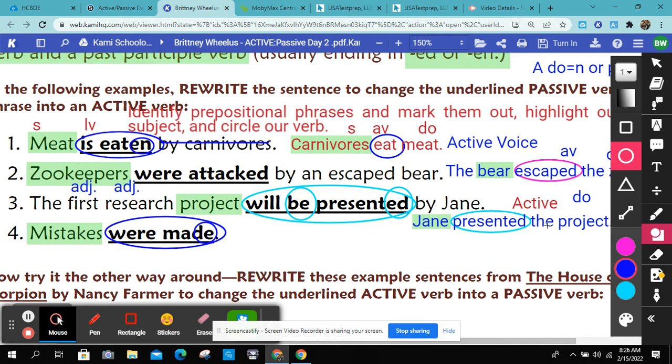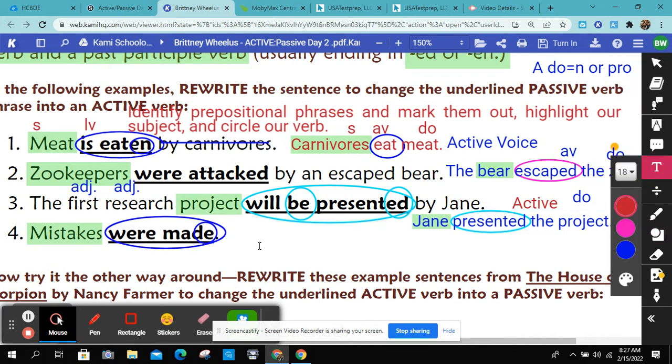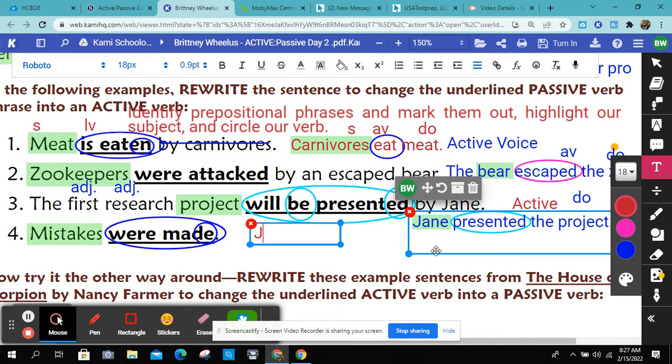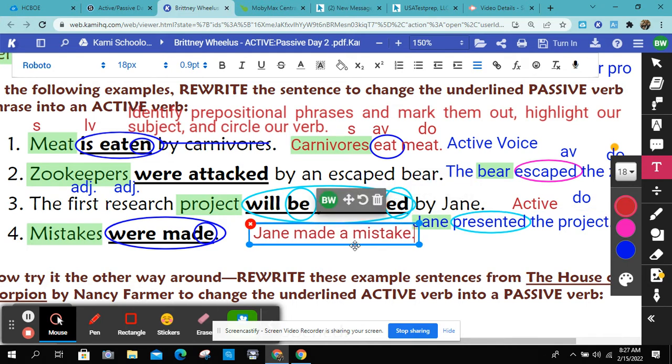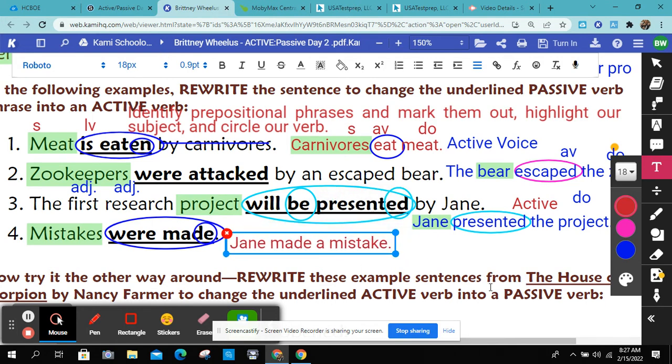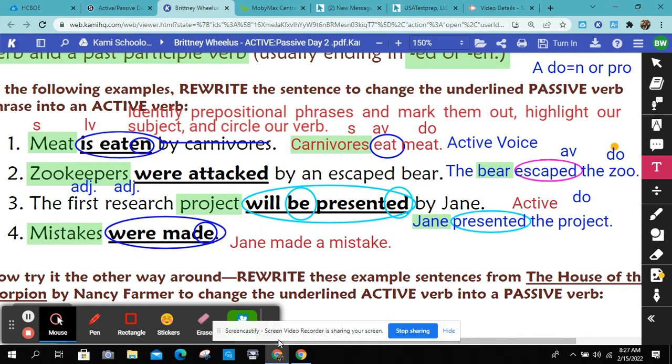Now, we don't know who made mistakes, so we have to fill that in for ourselves. There are two ways we could do this. You could say Jane made a mistake. Say we made a mistake. You just have to put a person in there to make the mistake. Now I want to know this. In Jane made a mistake, who is the subject?